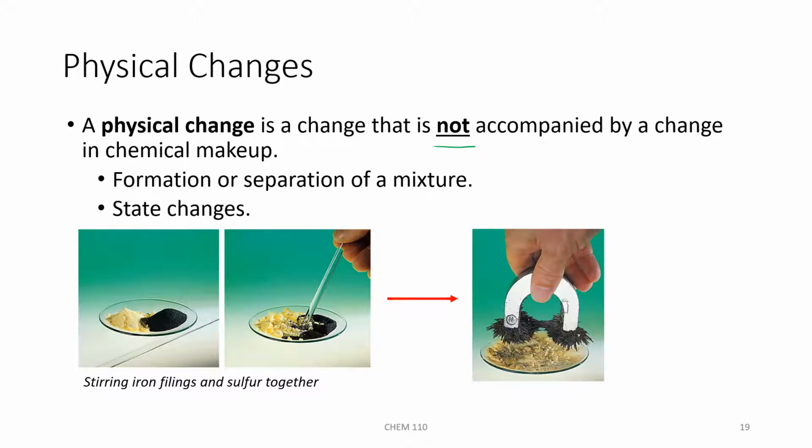You'd form a mixture of the two. But then, if you hold a magnet to that, you'll be able to separate them back into their individual elements because they were not chemically combined and only the iron has a magnetic property to it. This is an example of a physical change. We separated them back into their elements from a mixture.